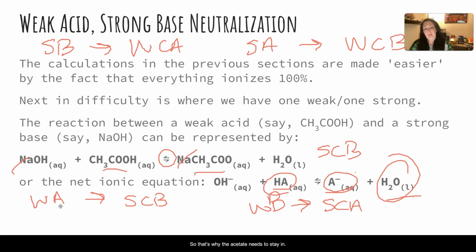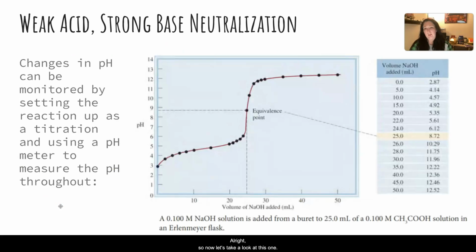So that's why the acetate needs to stay in. Typically, if you're just dealing with a salt, then acetate is always going to be soluble, so you cancel it out like sodium. But because there's H+ floating around in the solution, it can actually create the acetic acid, so it has to stay.